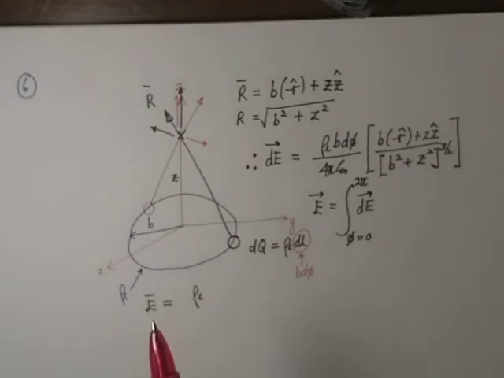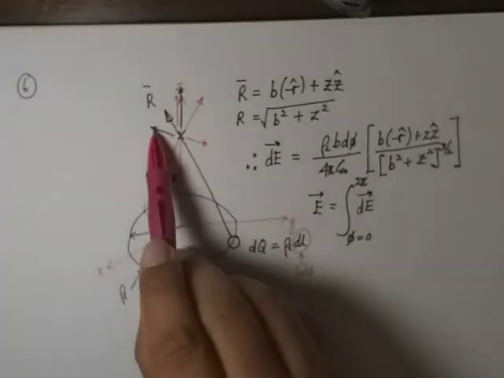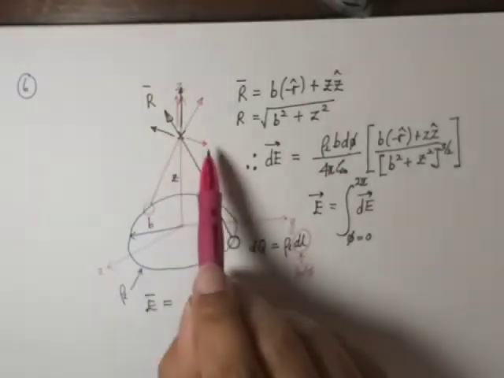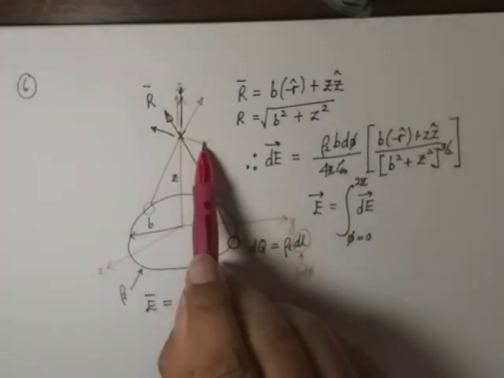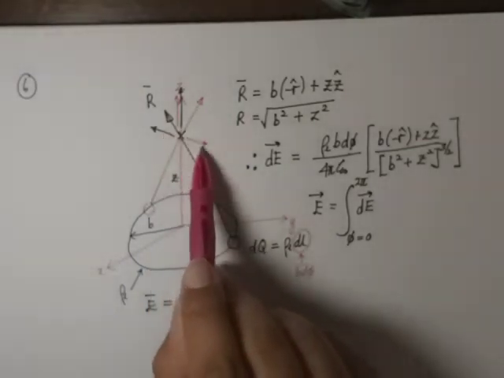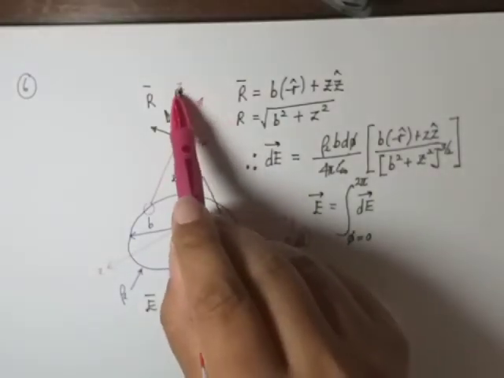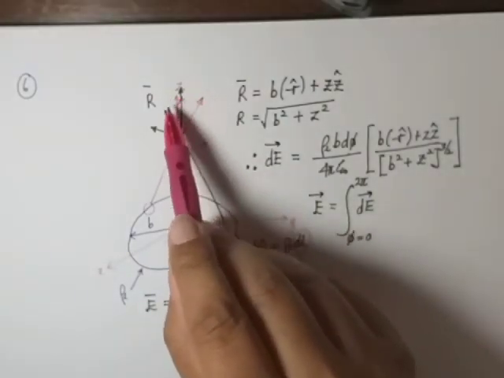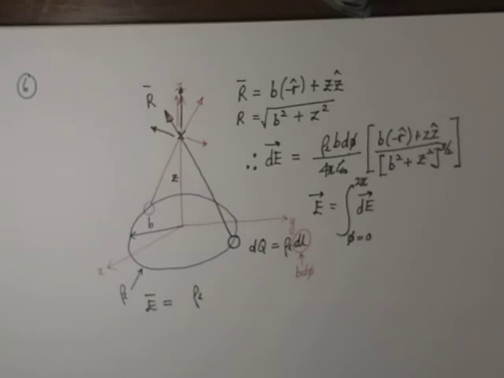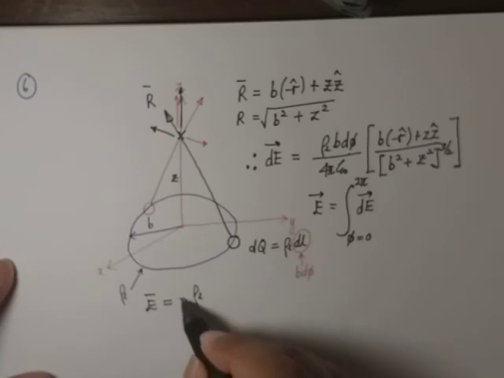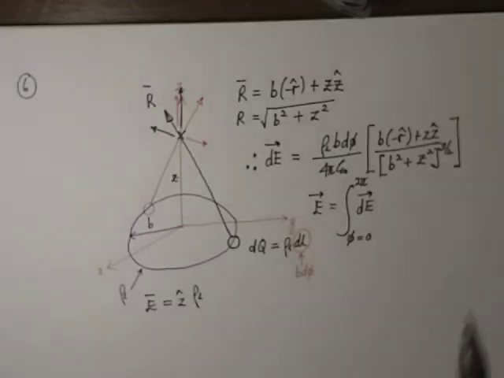By doing so, I can see clearly one of the components of the field is going to be cancelled out. Which one can you see from this simple diagram? Yes, the r component. The r component will be cancelled out because the magnitude is the same but the directions are opposite to each other, and yet the z component will remain in the final solution. So therefore, I can straight away say to myself, the final solution only consists of the z component, the z direction.